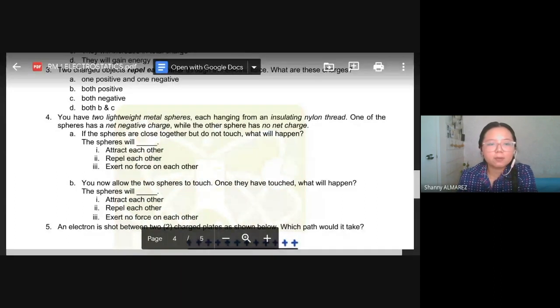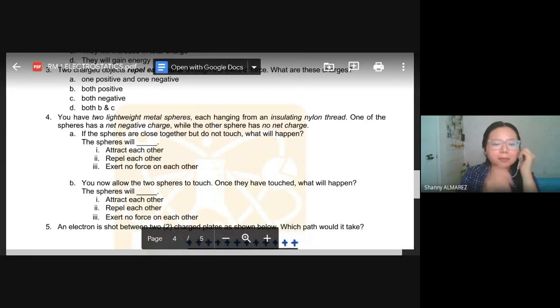Next question, letter B. So, you now allow the two spheres to touch. Once they have touched, what will happen to the spheres? So, yung isa may net charge, yung isa wala. Pag pinagdikit natin sila, since pareha silang metal, conduction will happen.